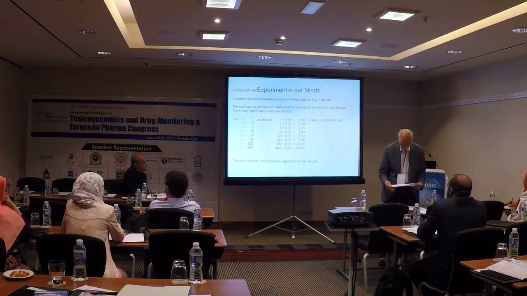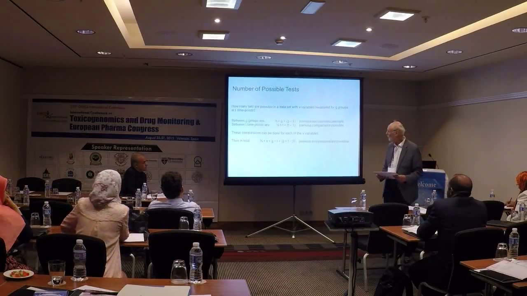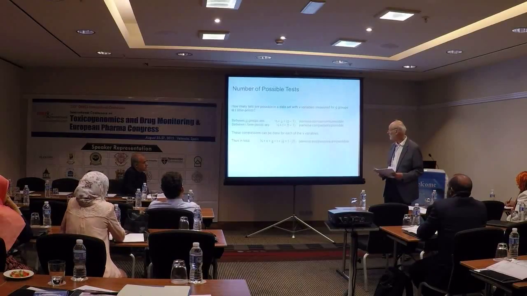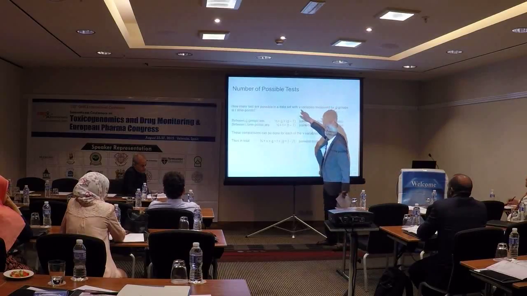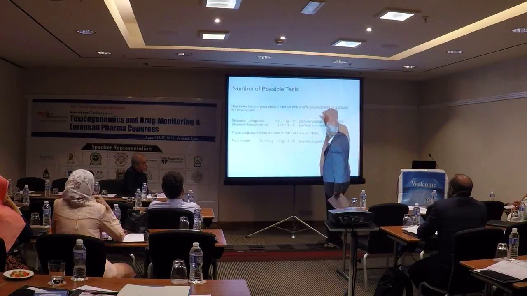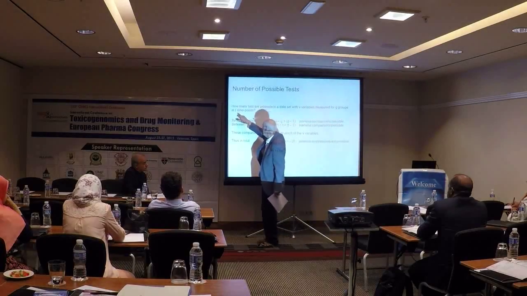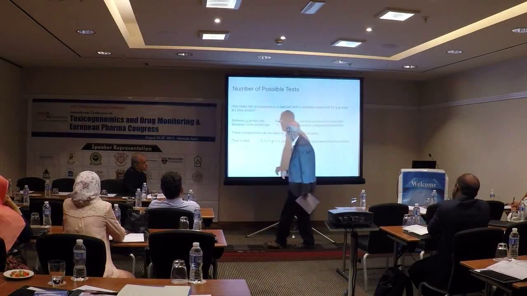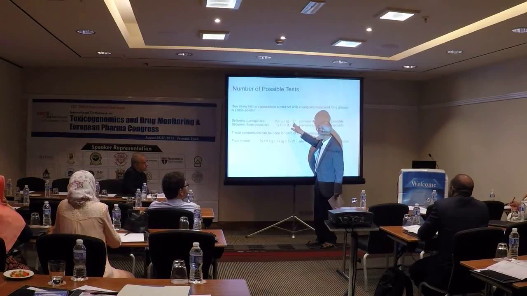And now I want to talk with you about the number of possible tests. How many tests are possible in a given data set? We assume that the data set has V variables, has G groups, and they are observed at T time points. You can compare each group with each other group.